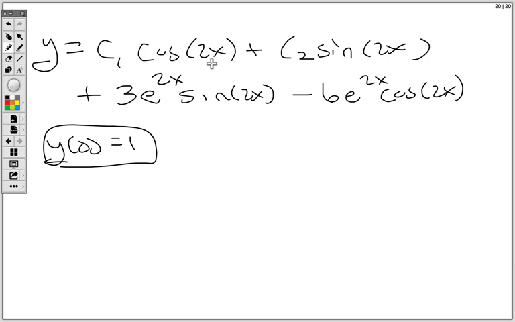So when I plug in x equals 0, cosine of 0 is 1. Sine of 0 is 0. So that's going to zero out these two terms. And then e to the 0 is 1. So I get right away that c1 is 7.